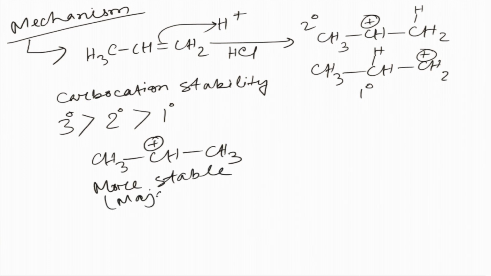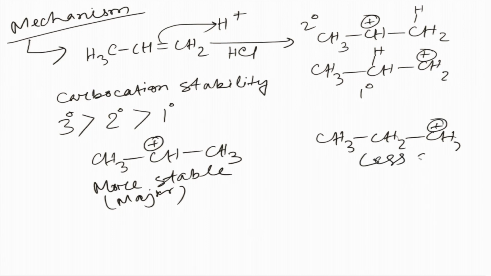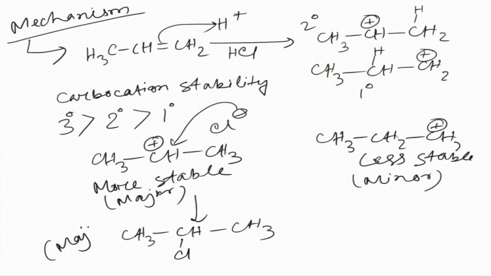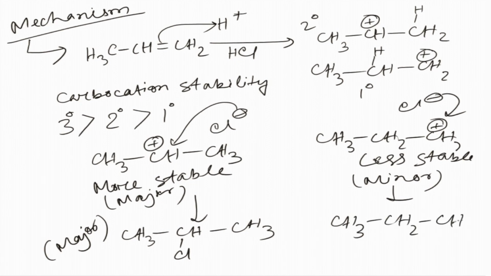So, this will be the major, and this one is less stable. So, this is minor. Now, there is Cl minus in the system, it will attack here and we get this as the major product, and here we get this as the minor product.